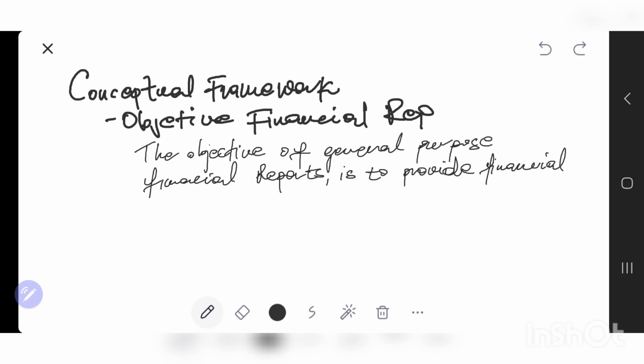is to provide financial information about the reporting entity.